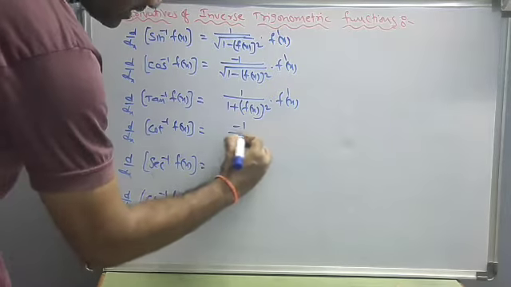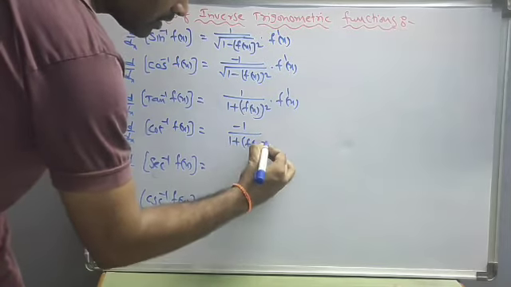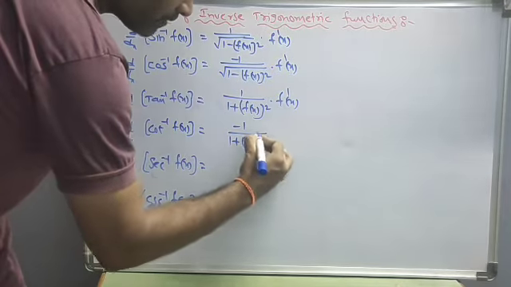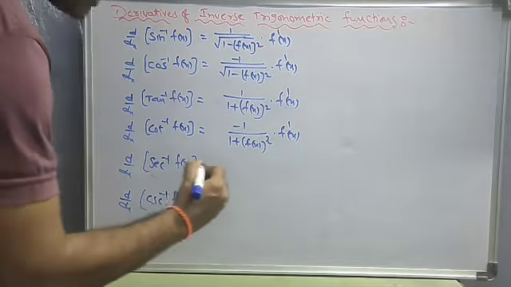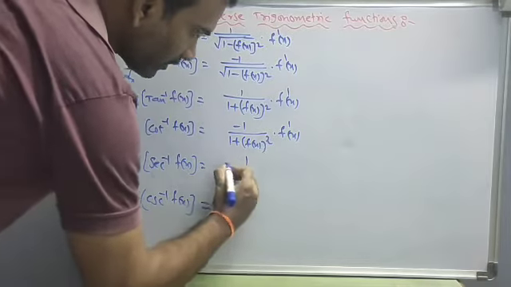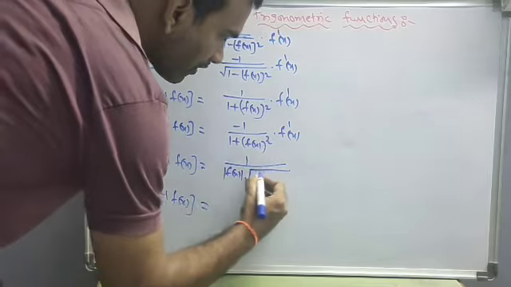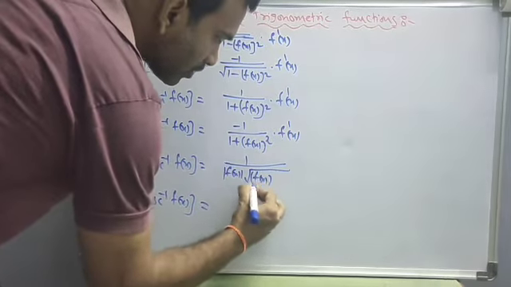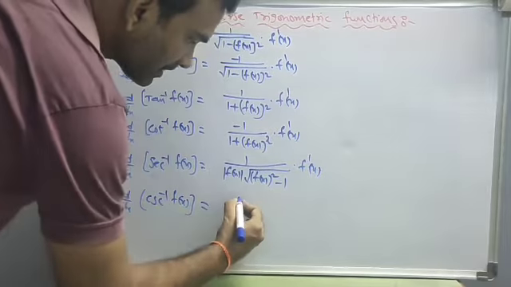Cot inverse f of x formula is the same, 1 plus f of x whole square, into f dash of x, with a minus sign. Next, secant inverse f of x formula is 1 by modulus of f of x into square root of f of x whole square minus 1 into f dash of x.